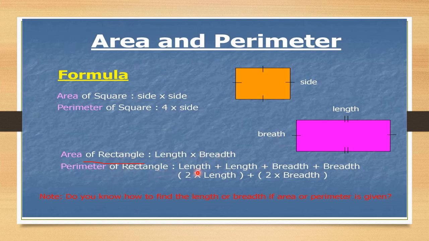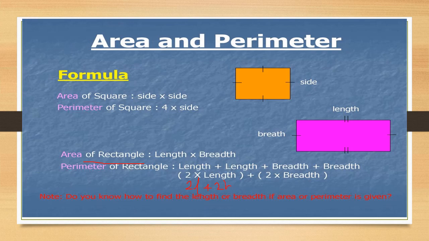Perimeter of rectangle, length plus length, that is distance around the figure is called its perimeter. This length plus breadth, that means 2 into length plus 2 into breadth, that means 2L plus 2B.